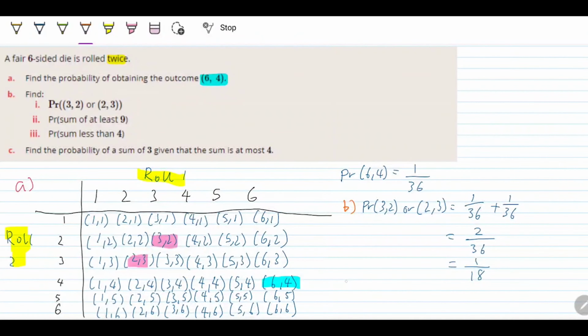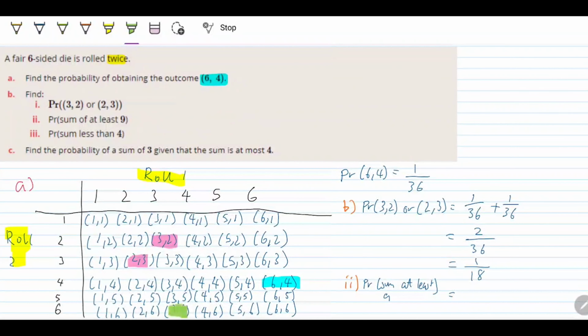In part B part 2, this is asking us to find the probability of a sum of at least 9. To work this one out, we first need to have a look at which combinations will be 9 or above. So let's highlight everything that will add together to at least 9.